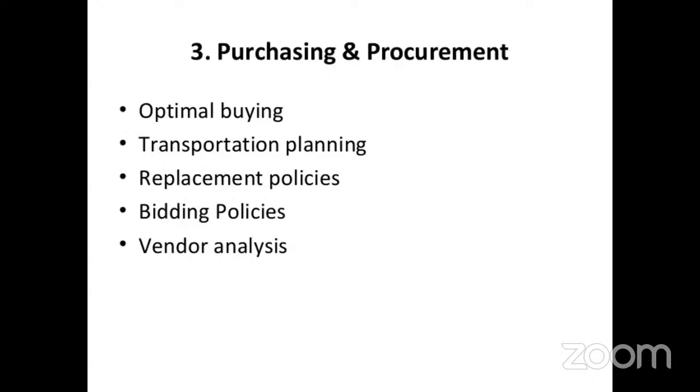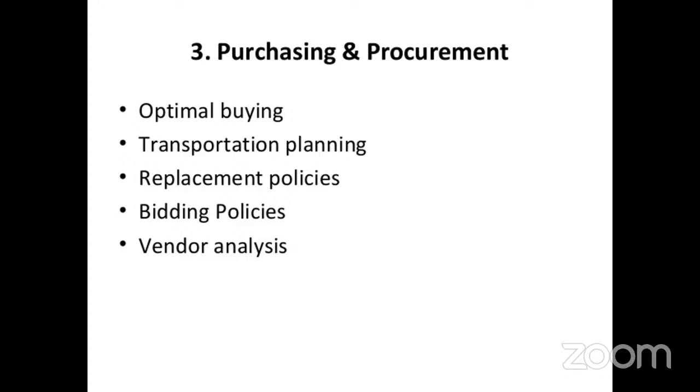Even in purchasing and procurement: which one we need to buy, which one is available at a lower cost, how to bring the products we are buying from outside the state, how to transport the goods. If that is a problem, then we can apply this OR technique and solve our problem. Replacement policies, bidding policies, vendor analysis.